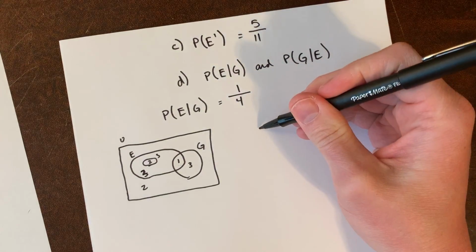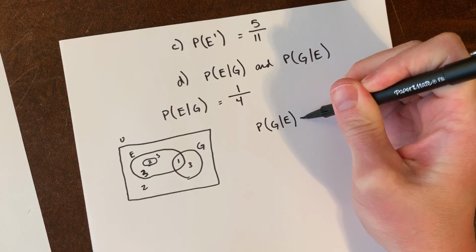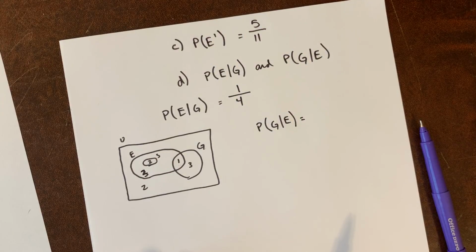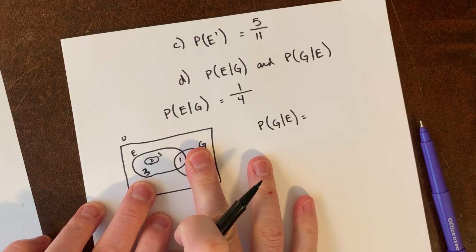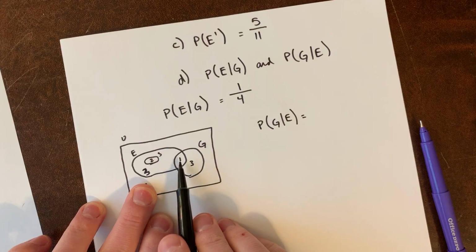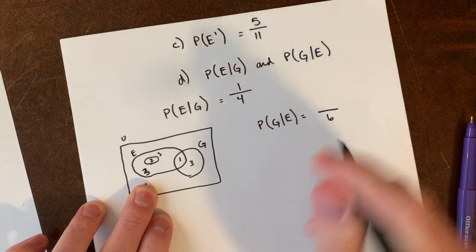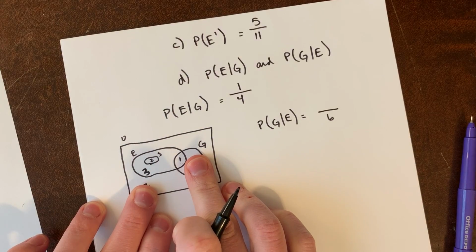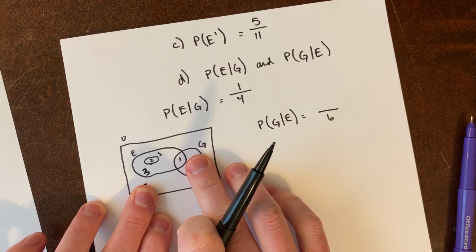Now, if I look at the other probability, the probability of G given E, that's going to be a little different. I know that they're taking the E class, so I get rid of these 2 populations, and the total number of students is going to be this 1, that 3, and that 2. So now there's 6 total students, and the probability of them taking the geography class, there's only 1 student out of those that's taking the geography class.